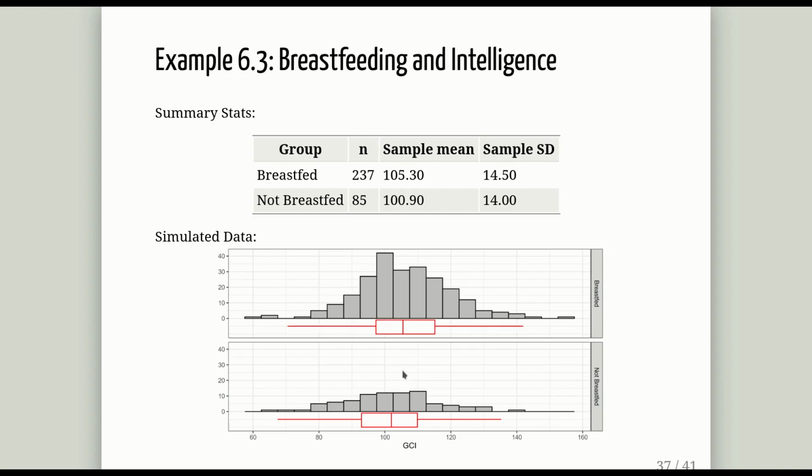Not a huge difference, maybe a couple of points from the full box plot of infants who are not breastfed. But the other thing that would be useful to notice here, and you can see it on the graph as well as in the table, is that the number of infants who were breastfed is a lot bigger than the number of infants who were not breastfed. That's just something to keep in mind going forward.